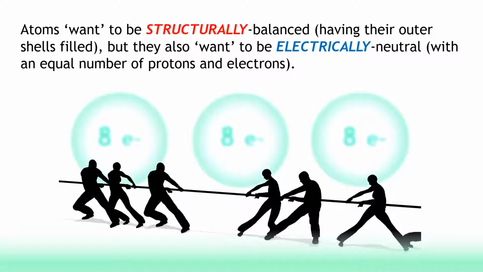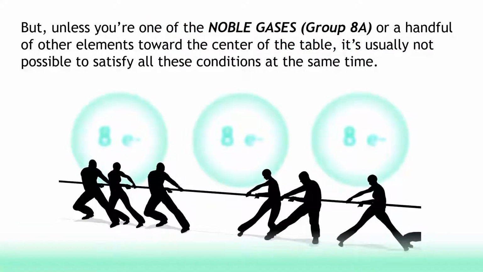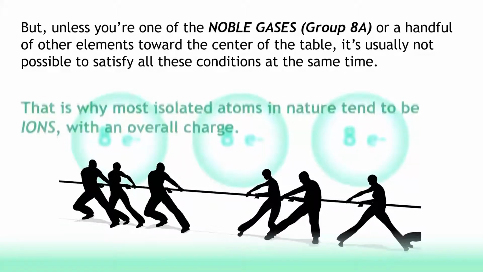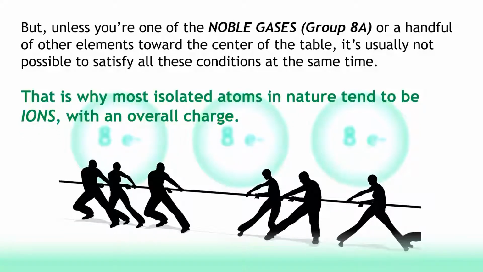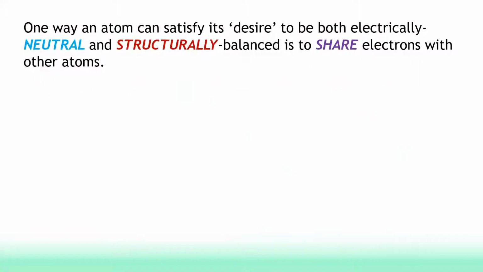But unless you're one of the noble gases in group 8A or a handful of other elements toward the center of the table, it's usually not possible to satisfy all these conditions at the same time. This is why most isolated atoms in nature tend to be ions with an overall charge. One way an atom can satisfy its desire to be both electrically neutral and structurally balanced is to share electrons with other atoms.